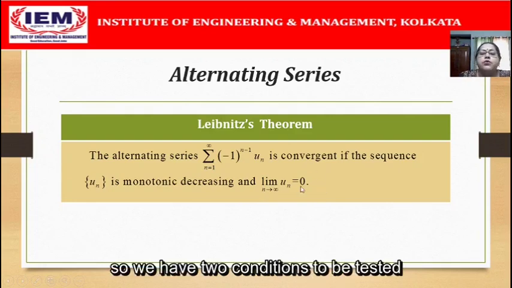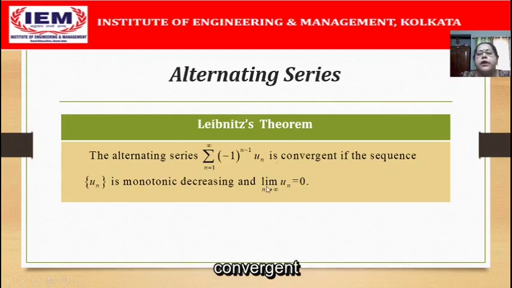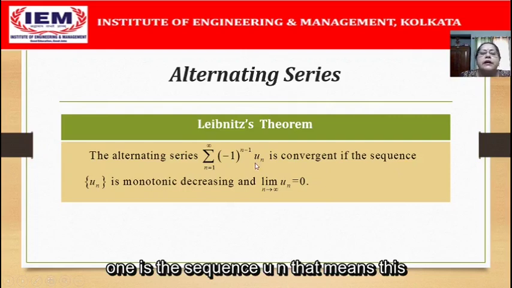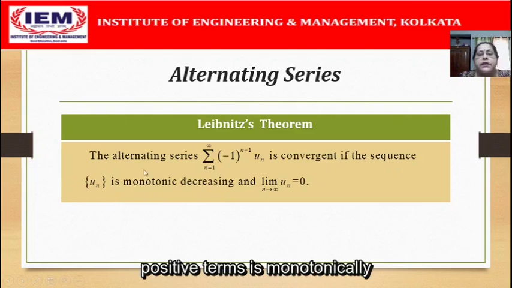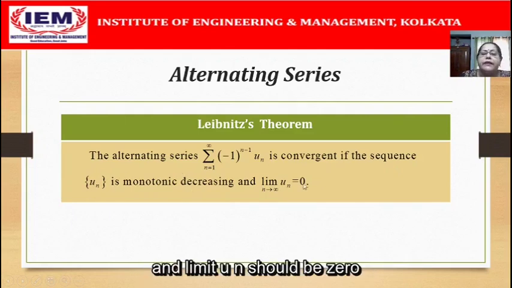So we have two conditions to be tested for an alternating series to be convergent. One is that the sequence un, the sequence of the positive terms, is monotonically decreasing, and limit un should be 0.